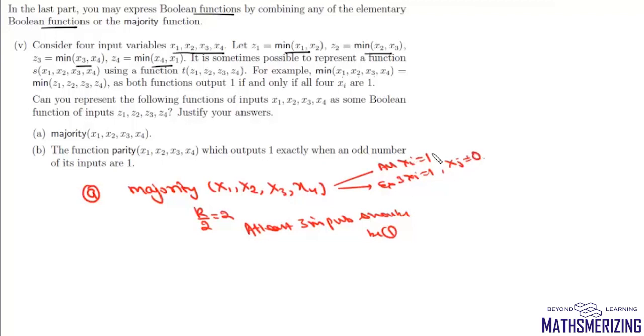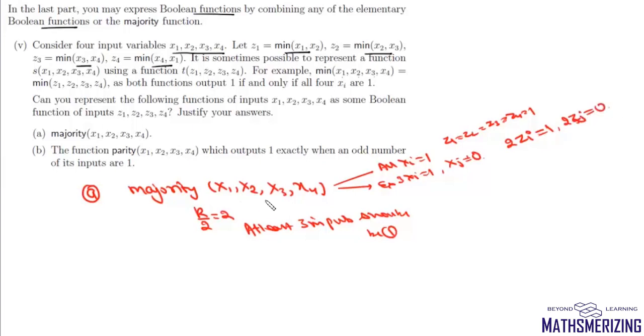Now in the first case, all of z1, z2, z3 and z4 will be 1. In the second case, when we have 3 xi's equal to 1, there we'll have 2 zi's which are 1 and 2 zj's which are 0.